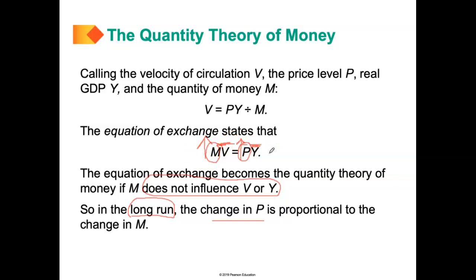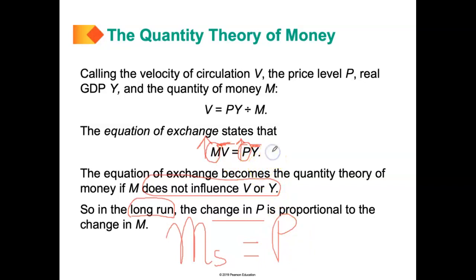So if the money supply in the economy changes, the price level is also going to change, supposing that V and Y tend to be constant.